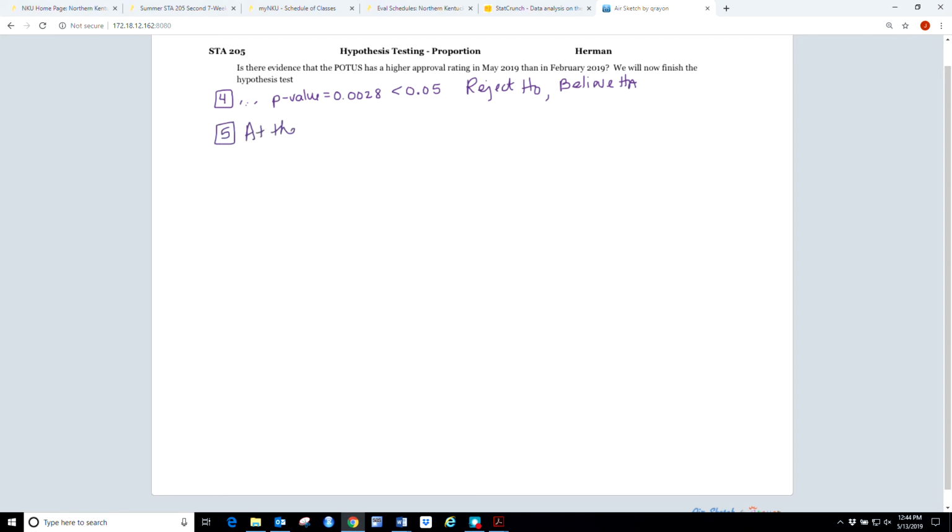So our alpha is 0.05, or if you prefer, you could say 5%. Significance level.